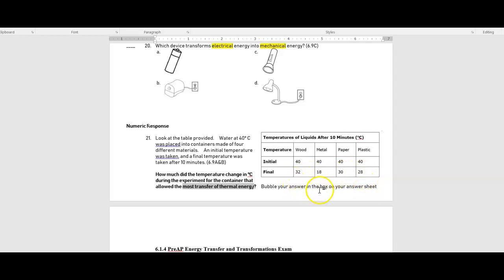So where is the most thermal energy transfer change, and then what is the difference? Okay, so you're finding the difference and recording that, the difference from the original temperature. So the total change, okay? So hopefully that'll help.